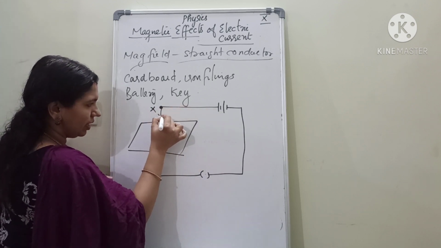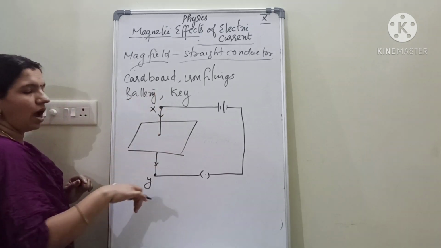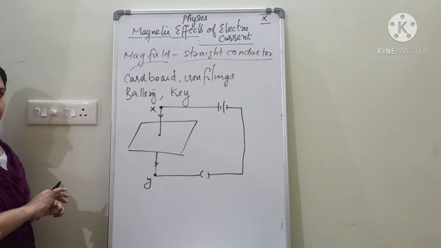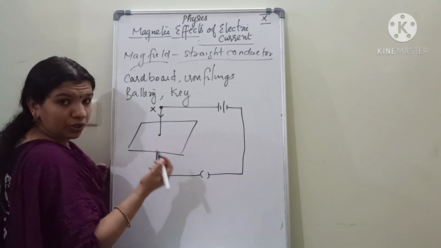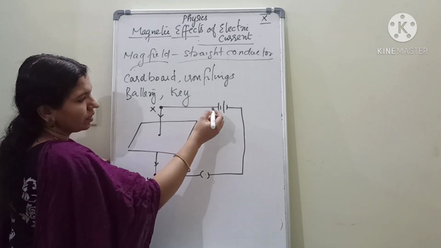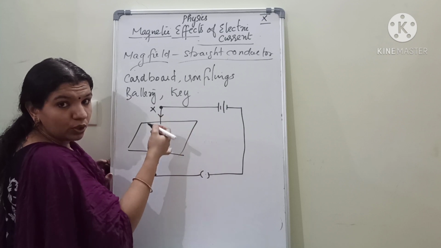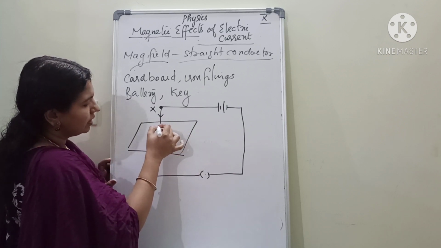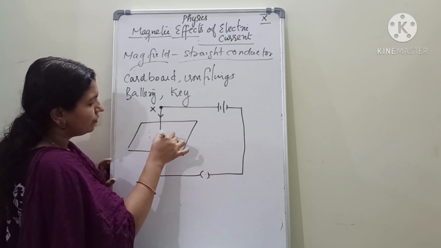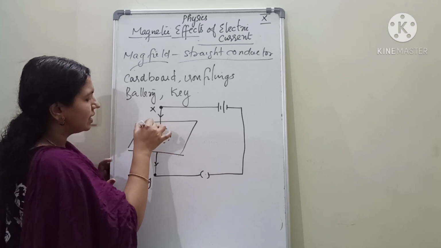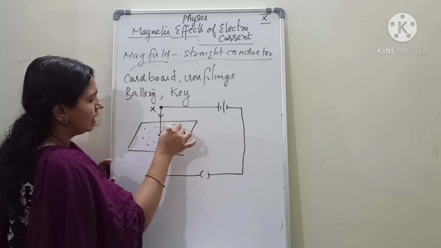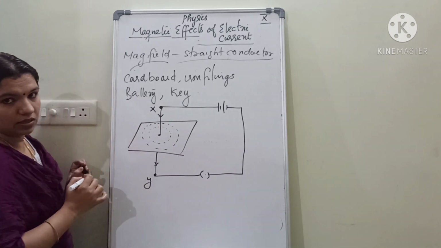From positive terminal, so current is passing downward. Clear? Then what you are doing is, when you allow the current to pass through it, you can see the iron fillings will arrange themselves like this, like concentric circles.